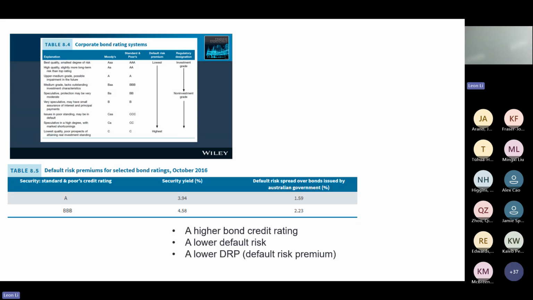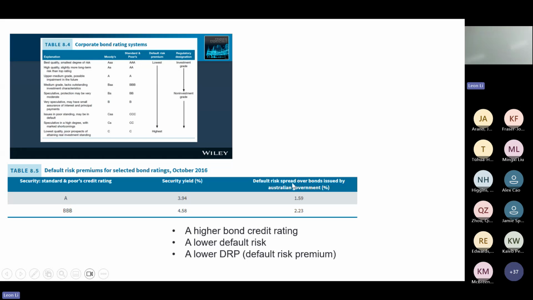So next slide, we give you the real-life data. These are data from Australia. All right. So you can see we pick up a single A and triple B bond yield. Single A bond yield 3.94, triple B 4.58%. Next, we calculate the default risk spread.